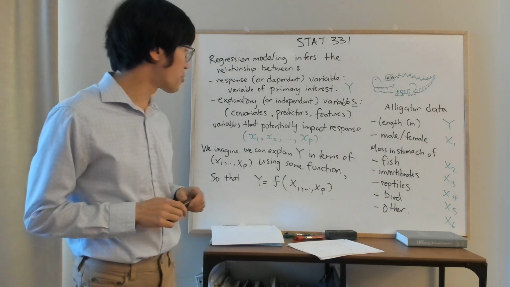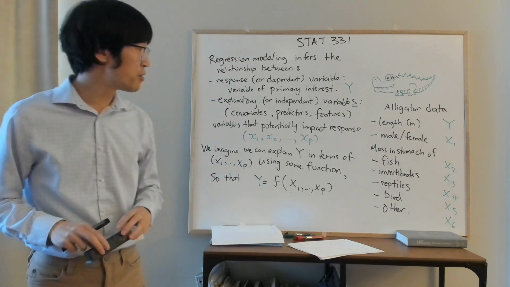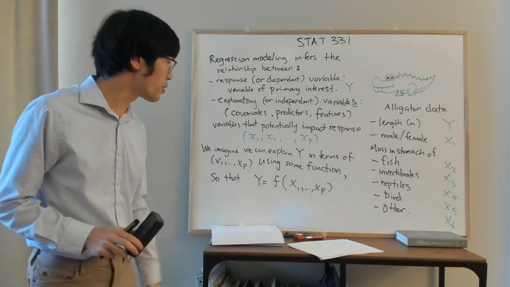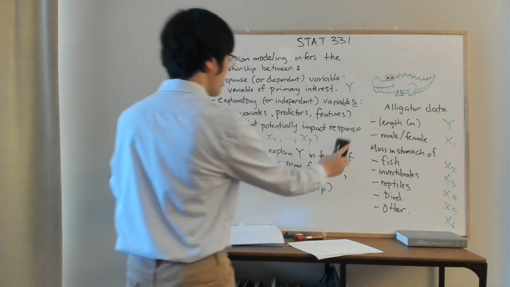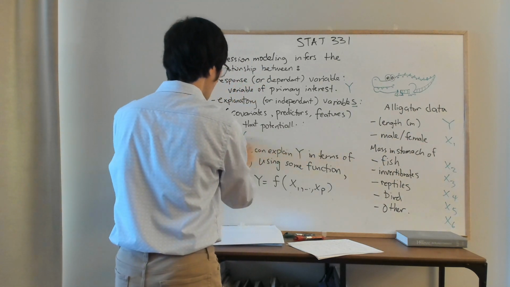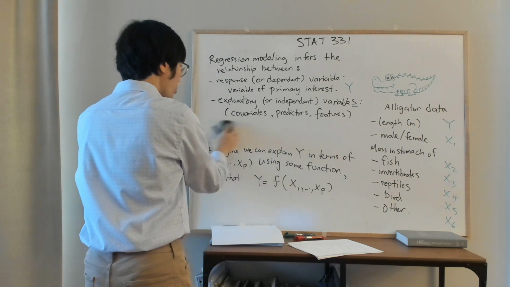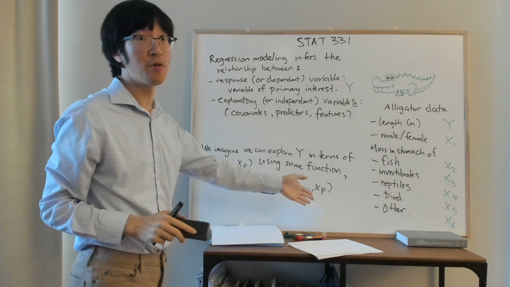Now in this course, we will primarily focus on linear functions for f, hence we call these applied linear models. I'm going to give you the form of that. When we say linear, it means that we model the response y as a linear combination of the x's.